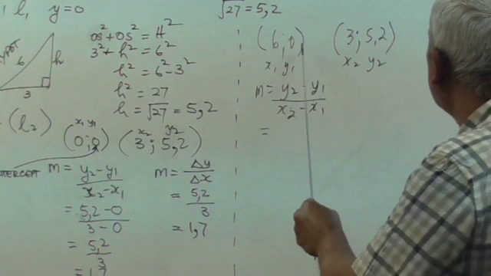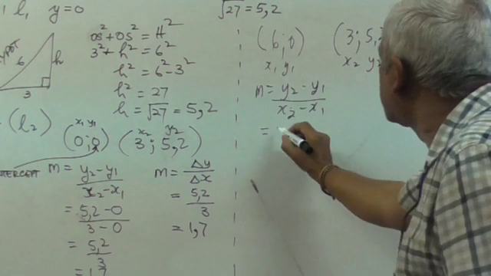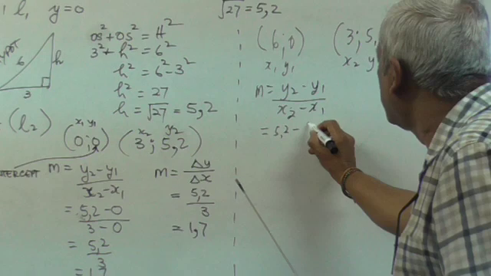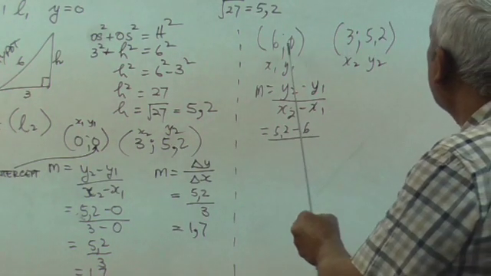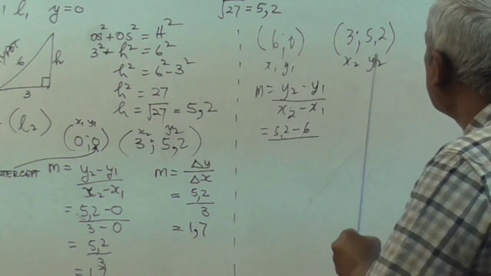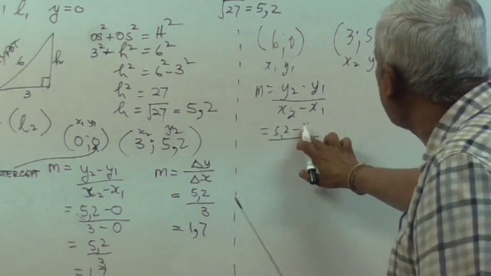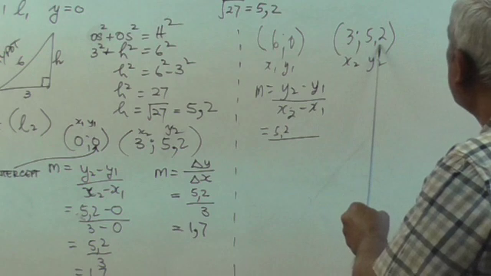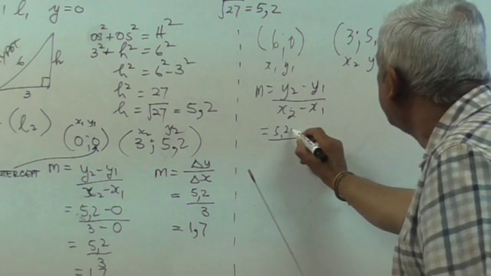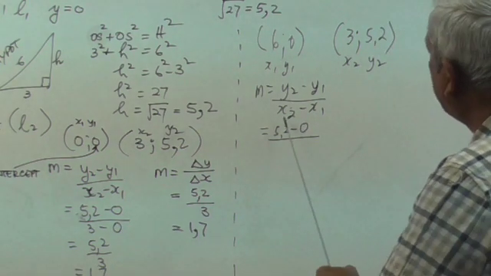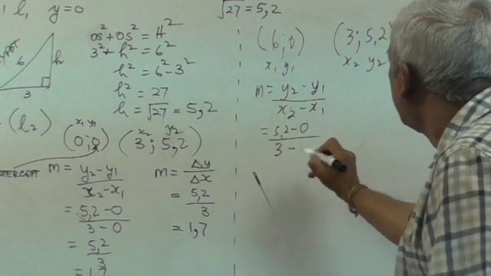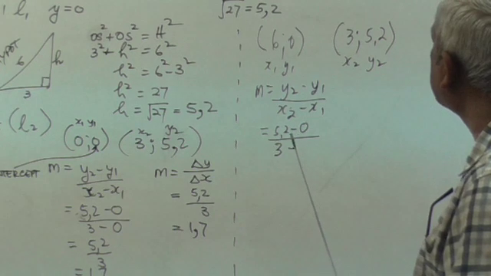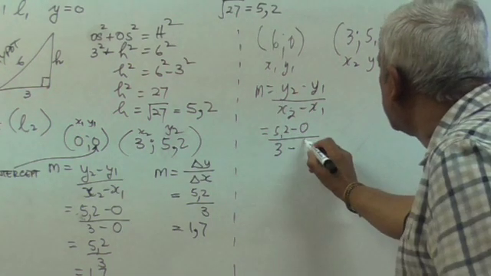That's 5√2 minus 0 over 3 minus 6. Sorry, I wrote that wrong: 5√2 is y2, y1 is 0, over x2 is 3 minus 6.